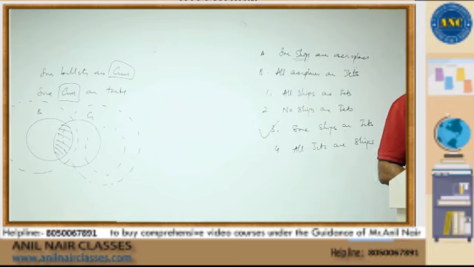Last, there's no need to give an example. We are directly taking Rule 6. Rule 6: if both the premises are negative, no inference can be drawn.